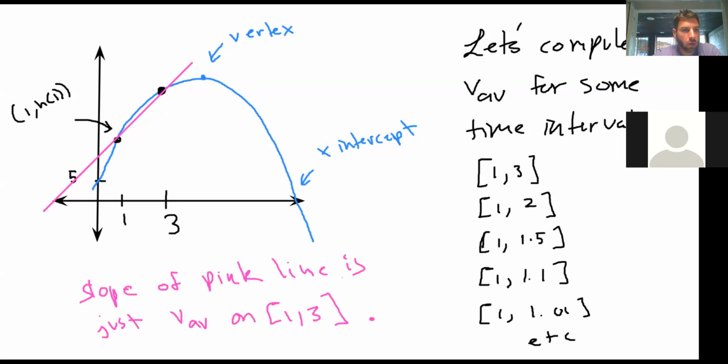So once again, let's make a chart. Let's make a table. We'll start here with the interval, so we'll write it 1 comma t sub 1.